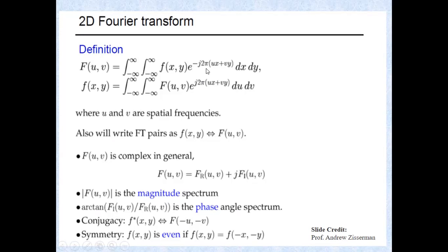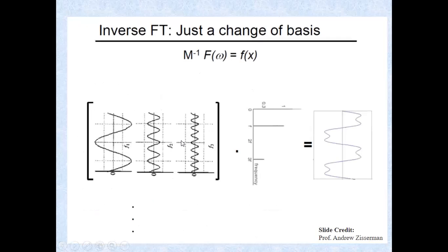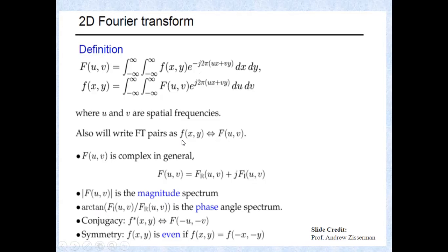That means you have frequencies varying in both x and y directions. So instead of basis signals, in two dimensions what we have are basis images. If we take the weighted sum of those basis images, what we get is the Fourier transform. Again, if we multiply the transpose of the basis images with the frequency coefficients, what we get is the signal in two dimensions.